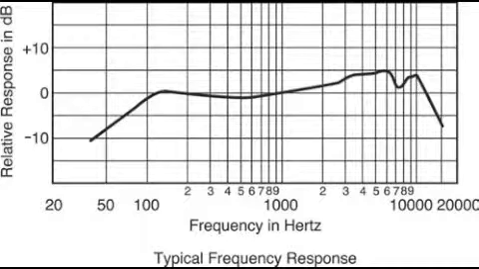The x-axis shows frequency in hertz, and the y-axis shows response in decibels. A higher value means that the frequency will be exaggerated, and a lower value means that the frequency is attenuated.